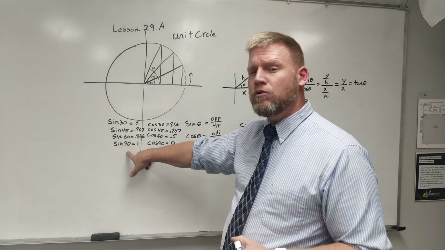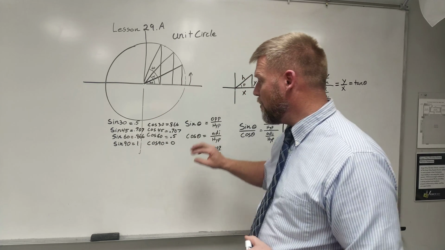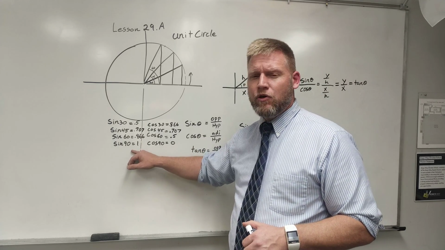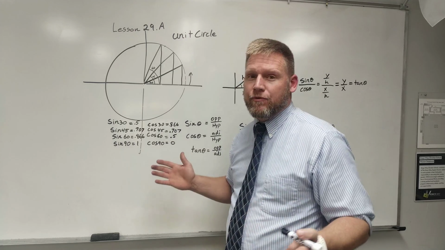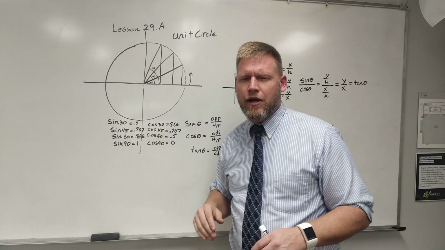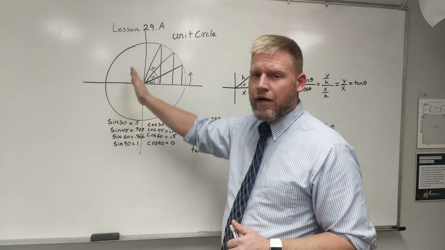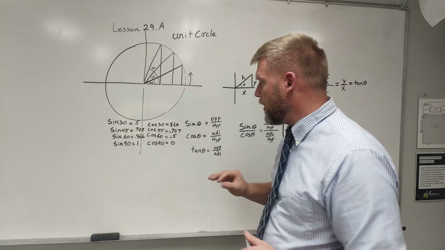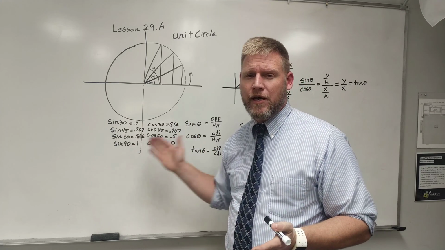For the sine and the cosine on the unit circle, it would go between values of 0 and 1, never growing greater than 1 and never being less than 0 for the absolute value. Of course, you're going to have some negative values in here, and that's a little bit later lesson that you'll see that they have different signs in different quadrants. But for the most part, if you look at it, the absolute value of these will vary between 0 and 1 for the sine and the cosine.